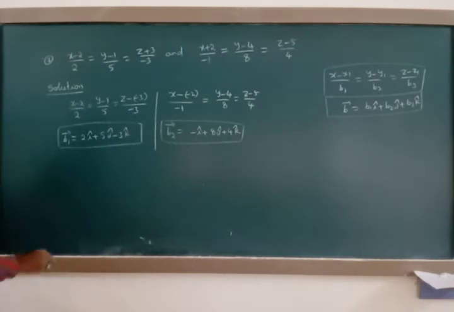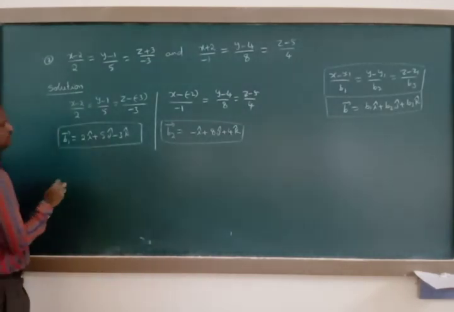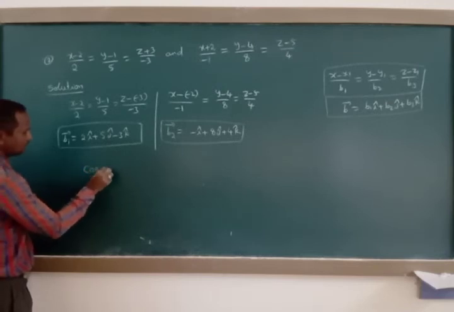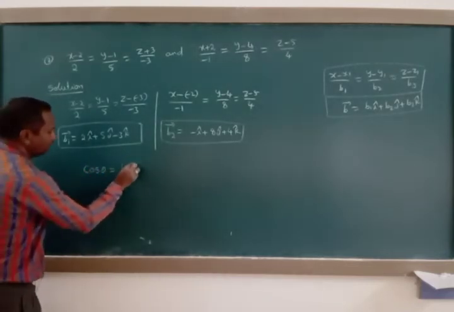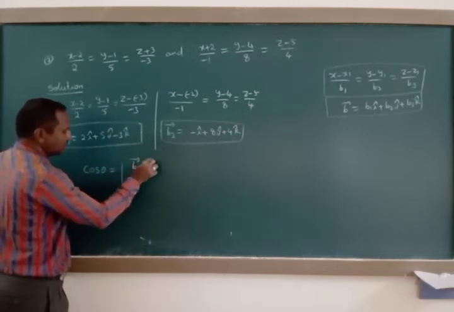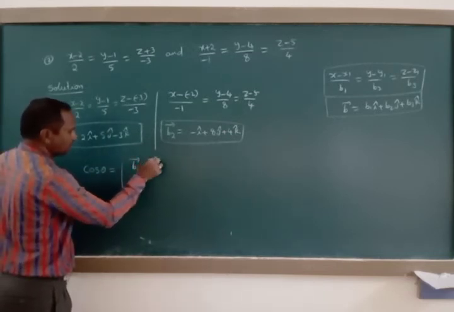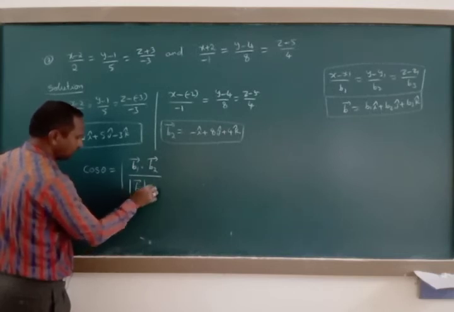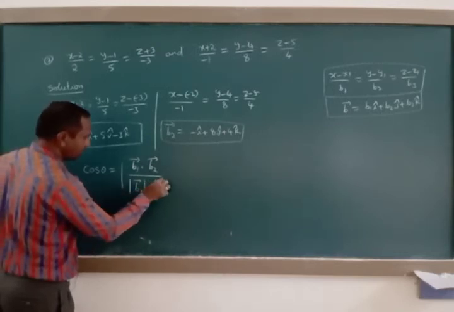With the help of these two we find the cosine of the angle between the lines: cos theta is equal to modulus of b1 vector dot b2 vector, whole divided by magnitude of b1 vector into magnitude of b2 vector.